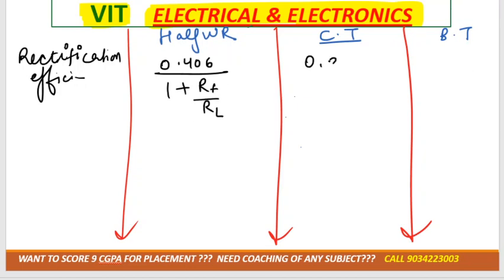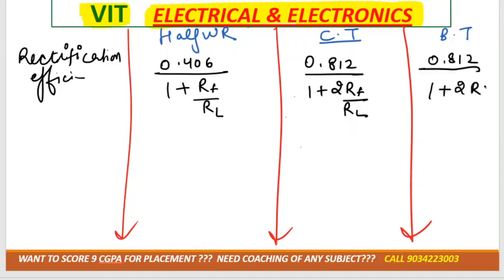For this one it would be 0.812 divided by 1 plus RF by RL. If RF, the diode resistance, is not given, then we need to consider 0.